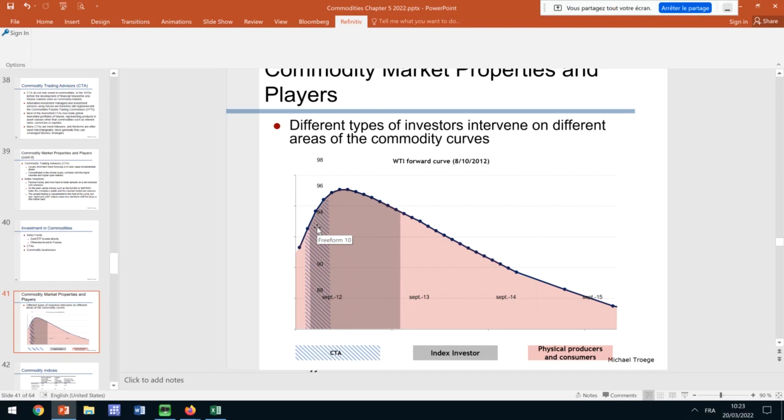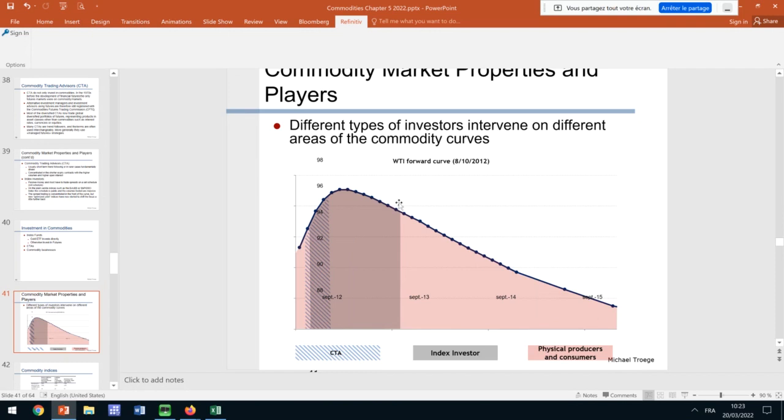Then you have the index investors. These are the regulated funds, commodity index funds, that invest in more long-term strategies. And finally, you have the physical hedgers, consumers and producers, and they tend to be active in the far out contracts with a 2 or 3 year maturity.